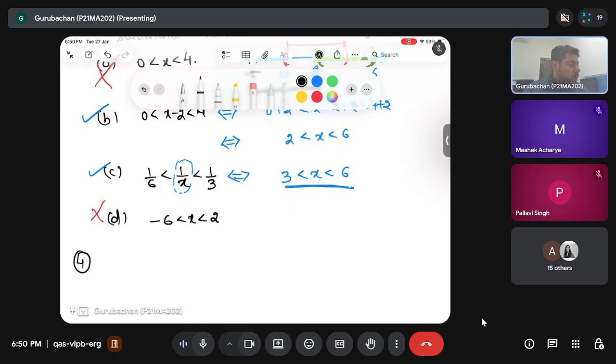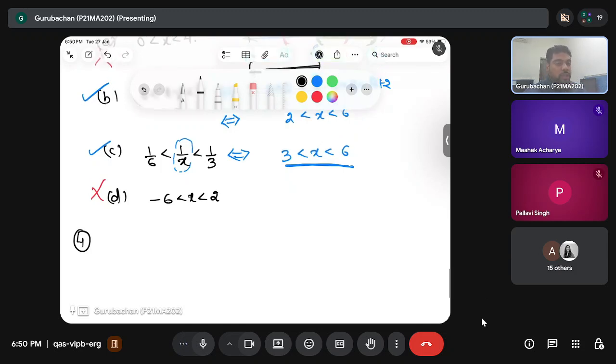Next we discuss the absolute value function.